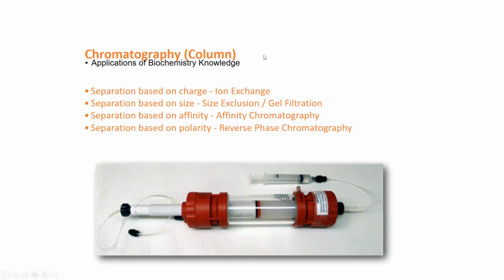So the negatively charged are going to get repelled, and the positively charged are going to stick to our medium. So now I separated the positively charged amino acids from the negatively charged amino acids by using a negatively charged medium that would stick based on the charge.